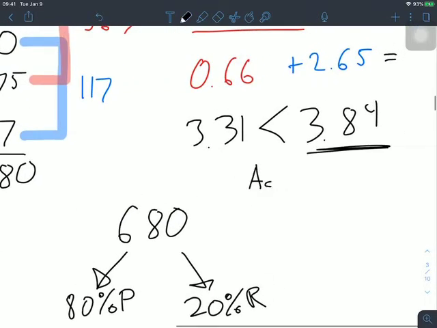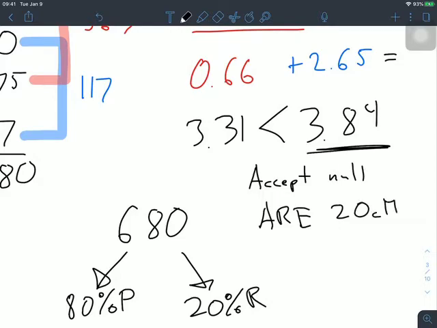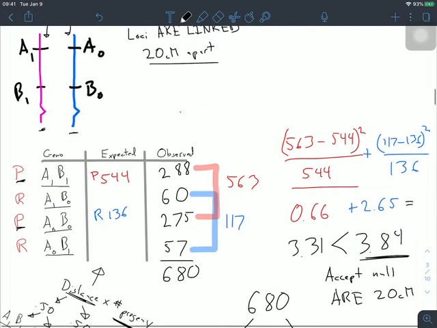We accept the null, meaning that these loci are actually 20 centimorgans apart, or at the very least, that these observed numbers of progeny would be consistent with two loci that are 20 centimorgans apart. Note that if you go back and try to calculate the exact distance in centimorgans between these progeny, you may or may not get exactly 20 centimorgans apart.